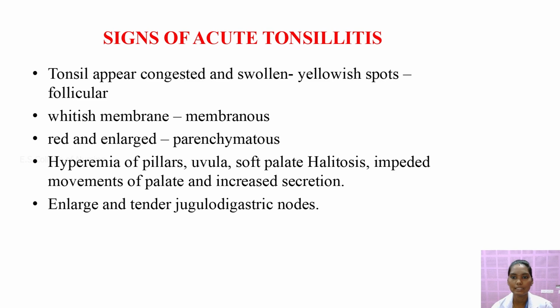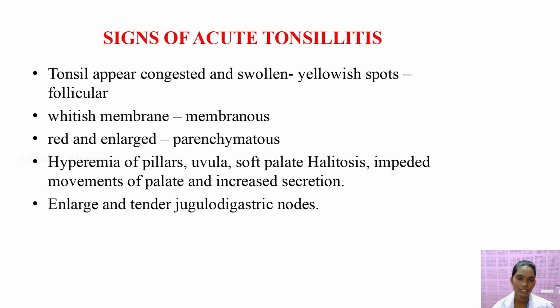Next are the signs and symptoms of acute tonsillitis. Already I said there are various abnormal changes in the tonsil. First, the tonsil appearance: congested and swollen, with yellowish spots over the tonsil. Yellowish spots around the tonsil are mainly seen in follicular tonsillitis. Next is a whitish membrane appearance, mainly seen in membranous tonsillitis.